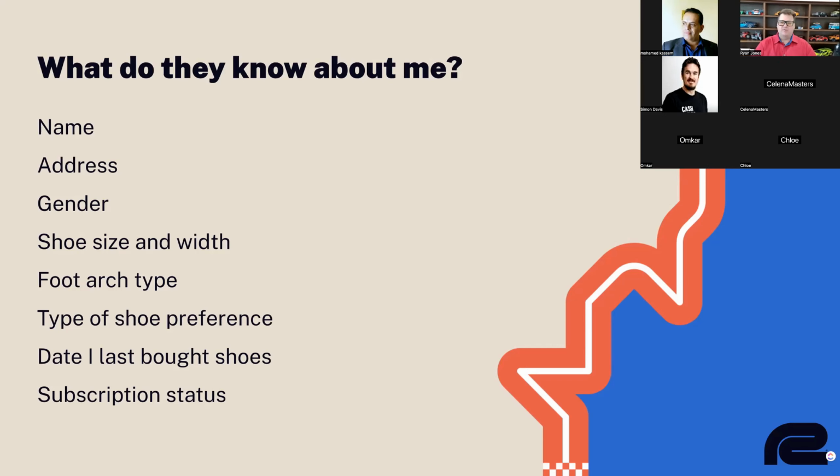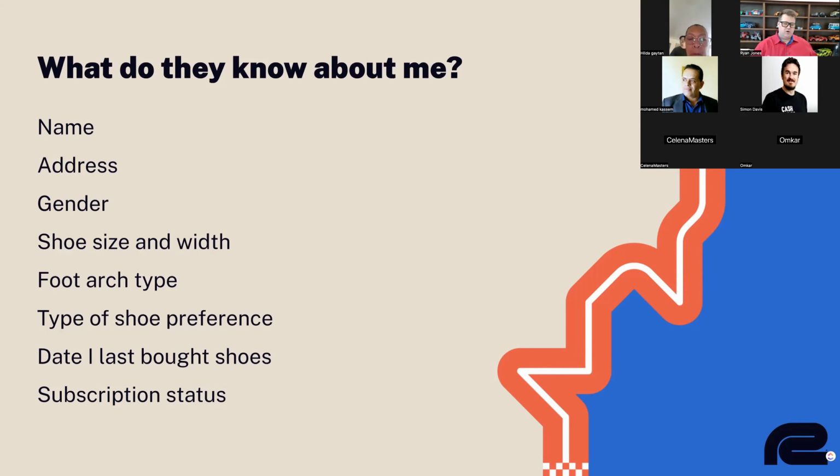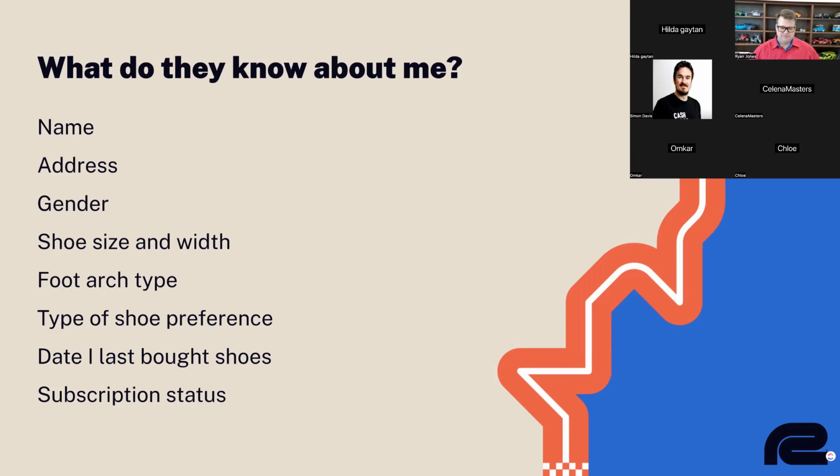They probably know even more about me, but at a basic high level, this is the kind of stuff they know about me. So if we considered what we could really do with personalization here, what could they be doing to get me to actually buy shoes and take more notice of their marketing?